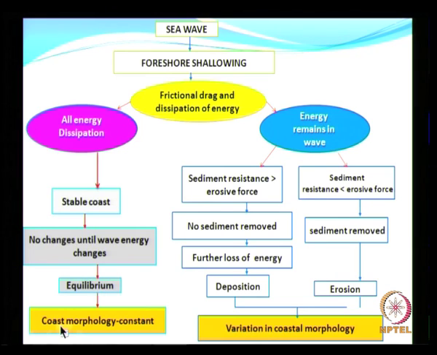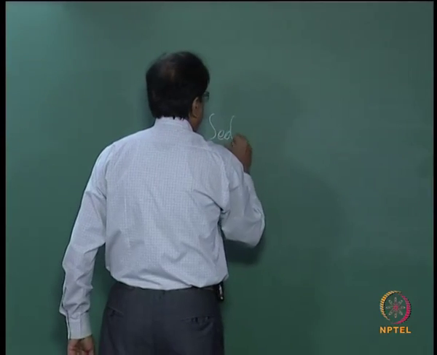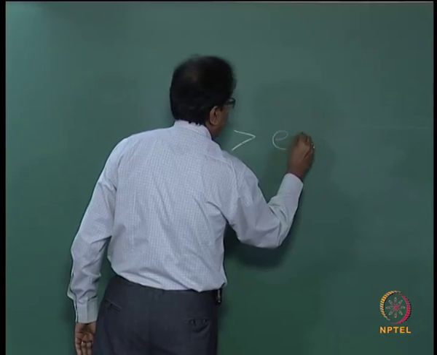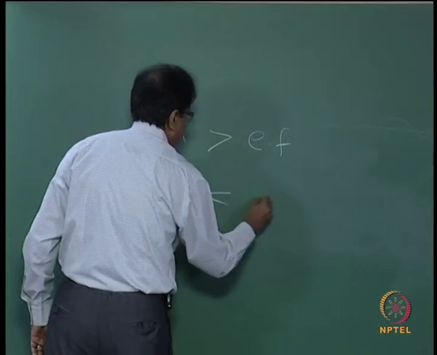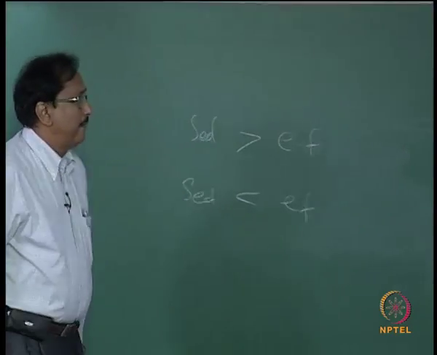When you have energy remaining in the waves, there are two situations that can arise: sediment resistance is greater than the erosive force, or sediment resistance is less than the erosive force.